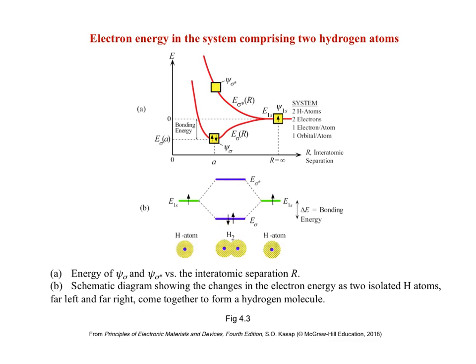We often diagram the change in energy of the electronic states in this way, where we start with the energy of the atomic orbital for each of the two atoms before the interaction, and then when the atoms come together to form the molecule, we show the bonding molecular orbital with a reduction in energy from the two atomic states, and then the antibonding orbital with an increase in energy.